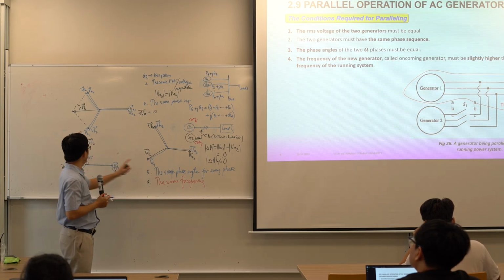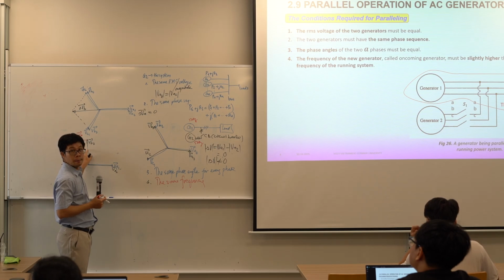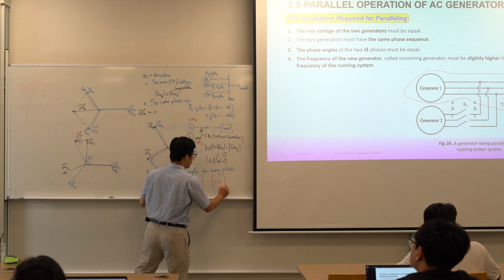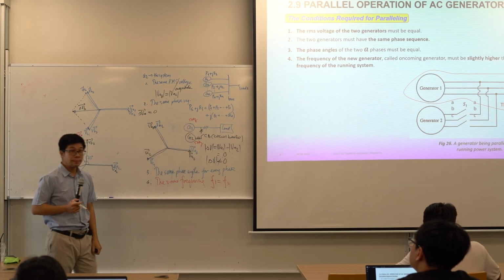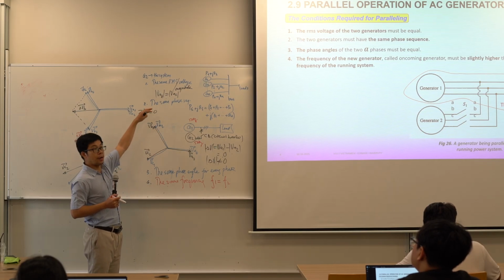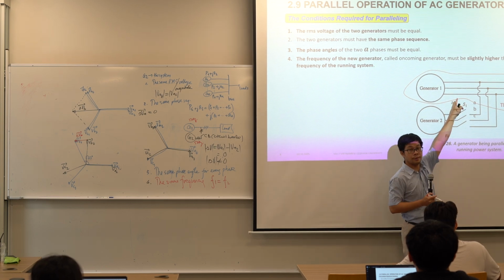Because a different frequency will also cause a problem, so you should make sure of the same frequency. That means F1 equals F2. Okay, so if all requirements here are satisfied, we can connect generator 2 into the system.